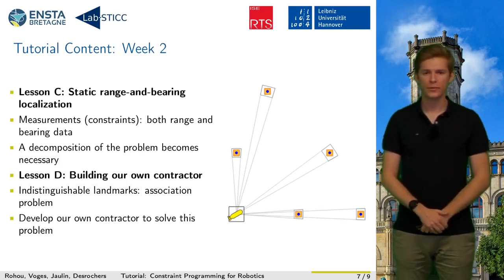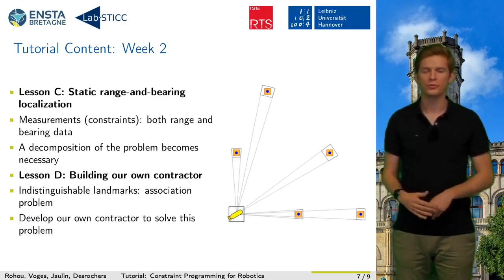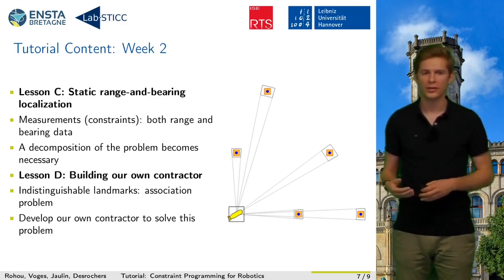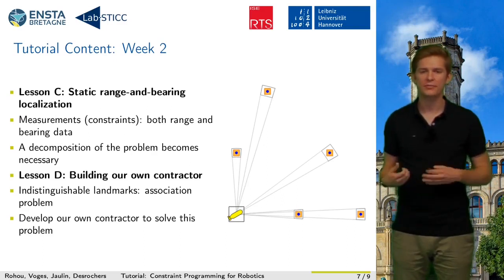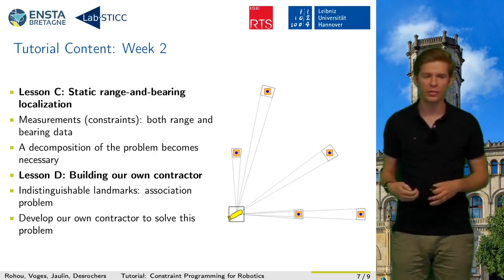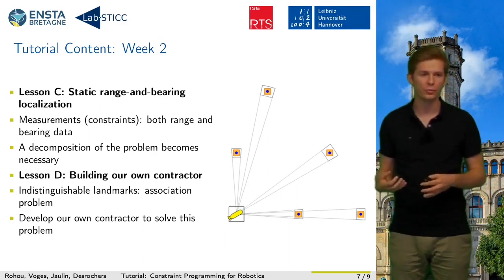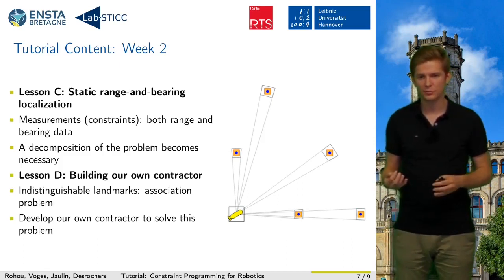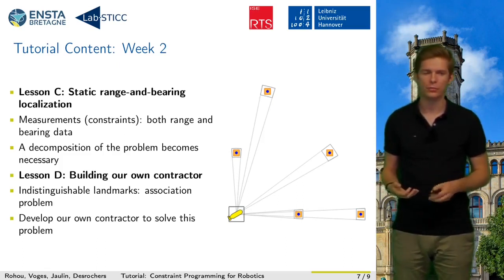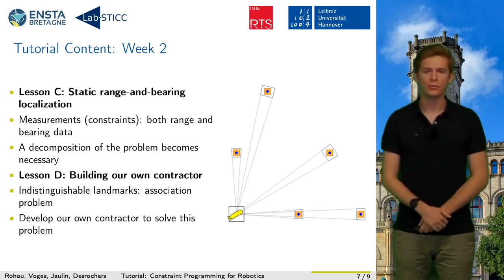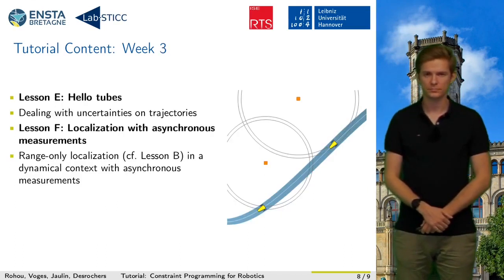In lesson D, you will build your own contractor to solve the landmark association problem. So we no longer know, or we can no longer identify the landmarks. We only know that it is a landmark, but we don't know which one. So we have to solve the association problem. For this, you will develop your own contractor.